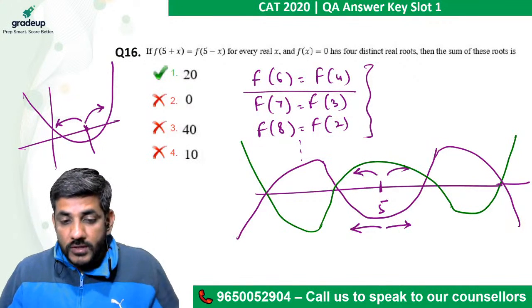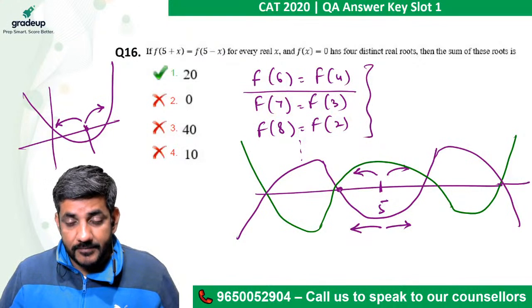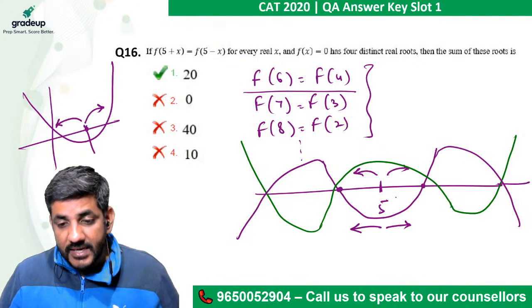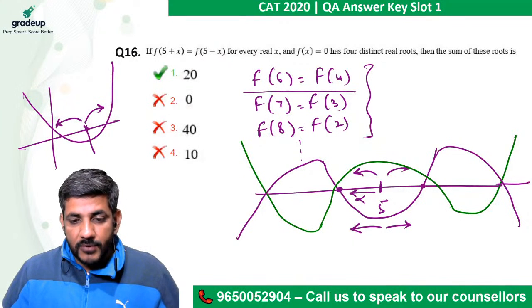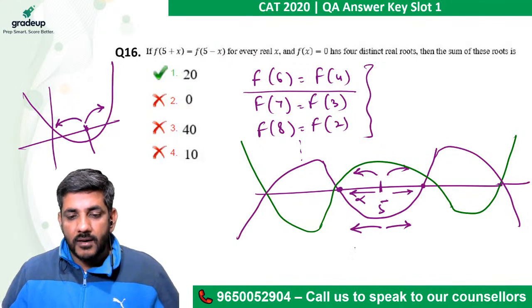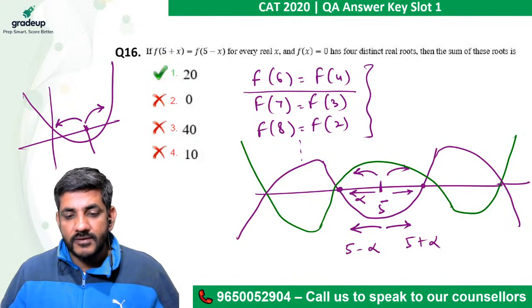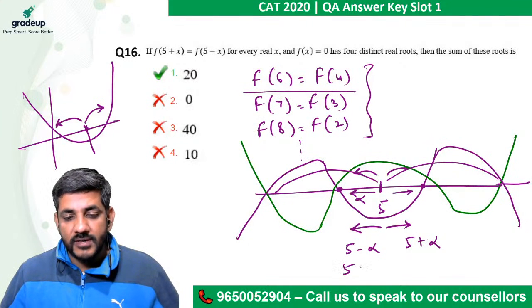So wherever you get a root on this side, you get a root on that side at the same distance from it. So one root is, let's say, alpha below 5. So one root would be alpha above 5. If one root is 5 minus alpha, one would be 5 plus alpha. Similarly, if one is 5 minus beta, the other one would be 5 plus beta.